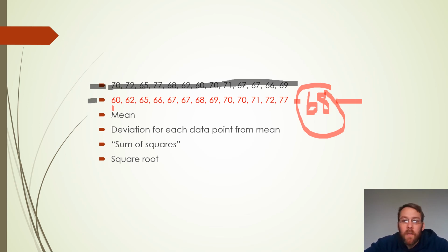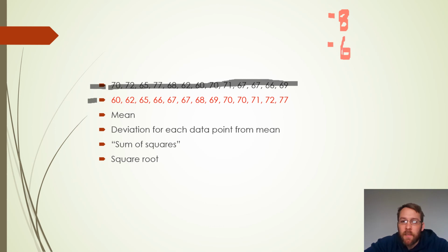All right. So let's go ahead and erase this. So we have 60 minus 68 is -8. 62 minus 68 is -6. 65 minus 68 is -3. And we do that for every other piece of data. All right.